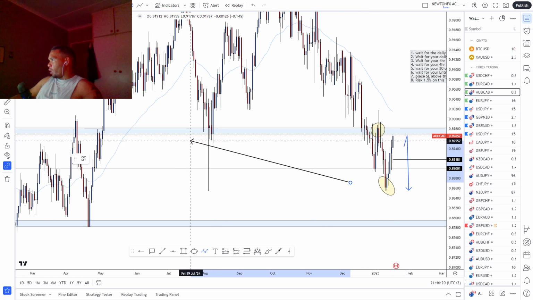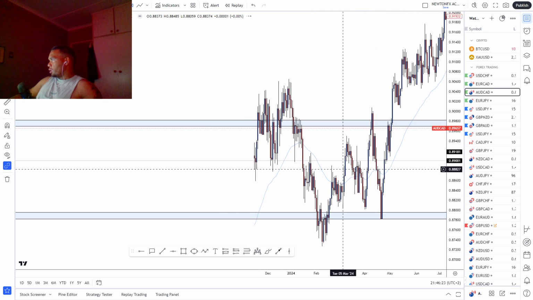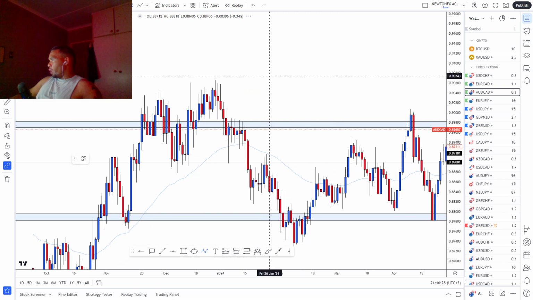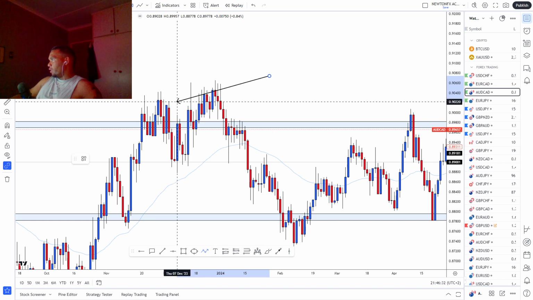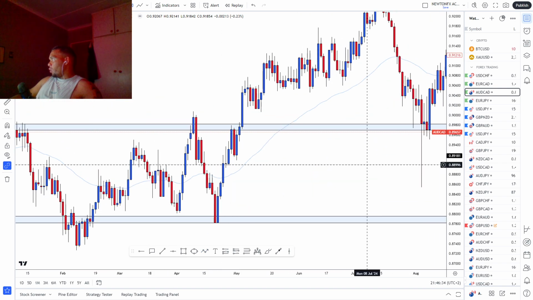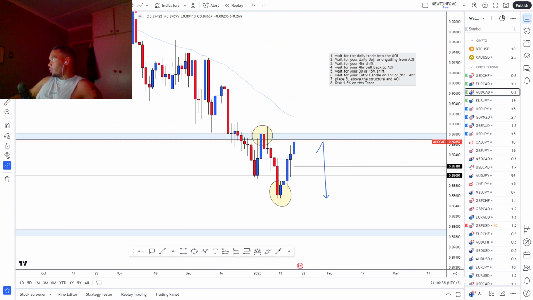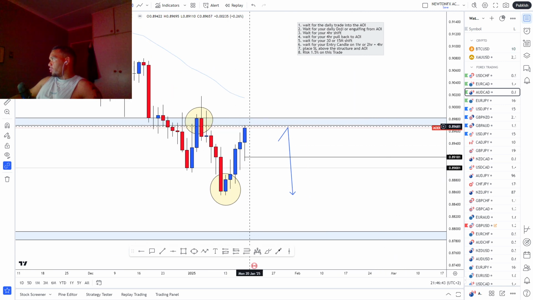We can see we have 1, we have 2, we have 3, and we have 4, and we have 5. Right, we have 5 areas of interest from this zone already. So yeah, that is something that we're gonna keep an eye out for, right? To trade from this region right here. So that is gonna be the third market for me.